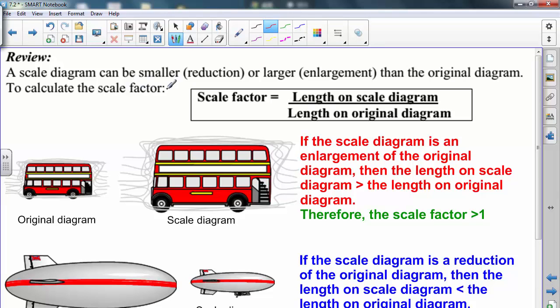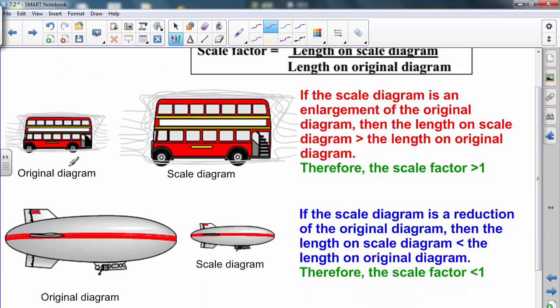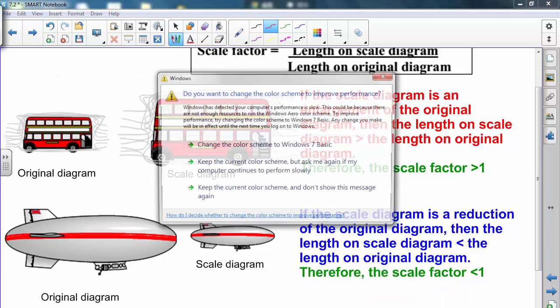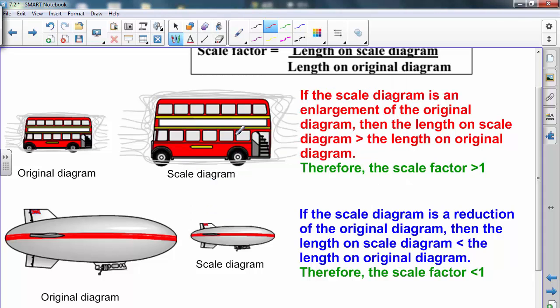A scale diagram can be smaller, which is a reduction case, or larger, which is an enlargement case, than the original diagram. The scale factor is the ratio of the length on the scale diagram to the length on the original diagram. If we look at the original diagram here, its scale diagram is the larger one. So this one is an enlargement of the original diagram.